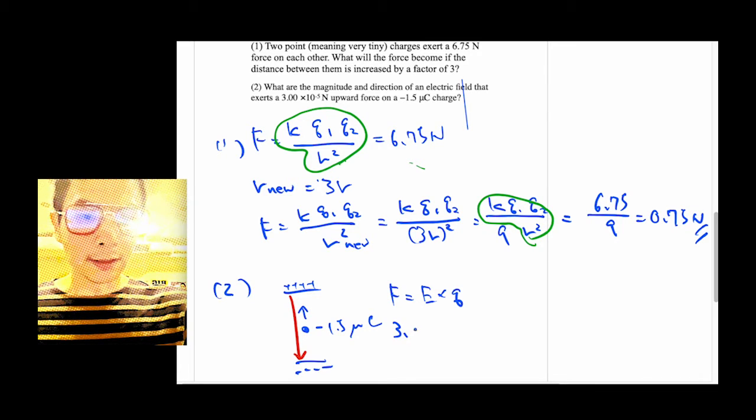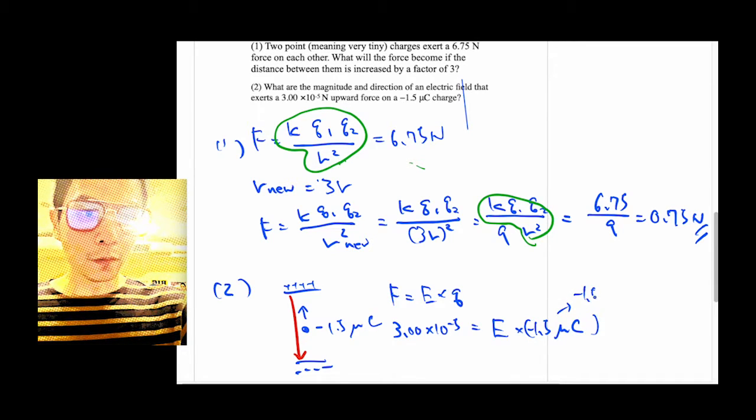If you plug these numbers into the equation, 3 multiplied by 10 to the negative 5 equals E, which is not known, times Q, which is negative 1.5 microcoulomb, so negative 1.5 multiplied by 10 to the negative 6 coulomb.